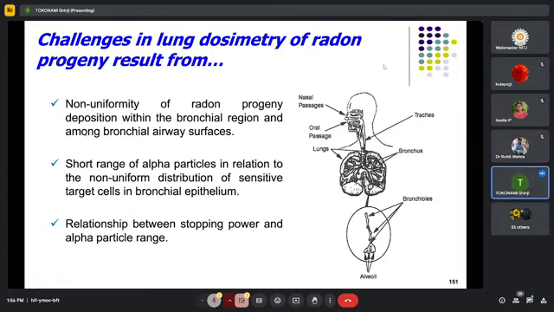They result from non-uniformity of radon progeny deposition within the bronchial region and among bronchial airway surfaces, the short range of alpha particles in relation to the non-uniform distribution of sensitive target cells in bronchial epithelium, and the relationship between stopping power and alpha particle range.